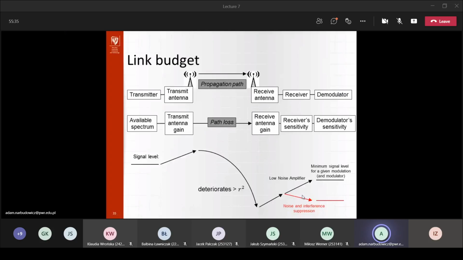And at the end, for the demodulator sensitivity, if we think again about the IQ plane, it's the ratio of the minimal signal level for a given modulation. So again, over here, we are looking to increase our SNR, our signal to noise ratio. We try to get a strong signal and as little noise as possible.